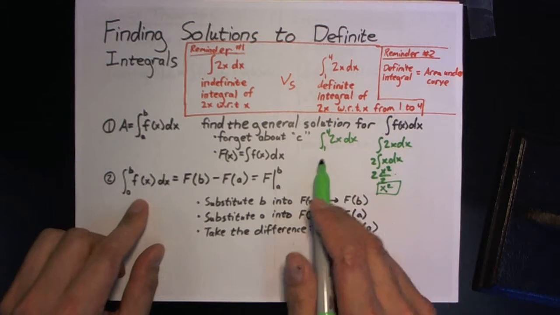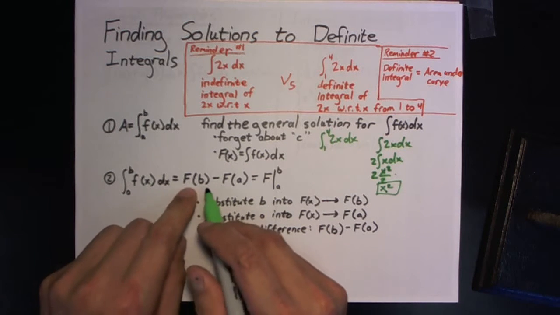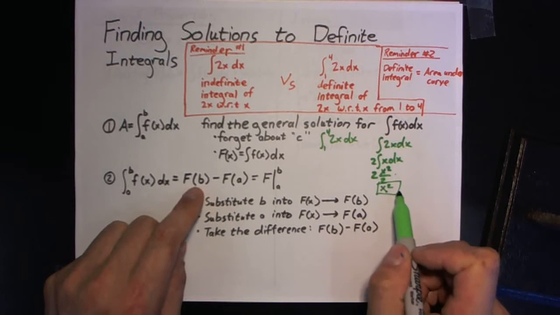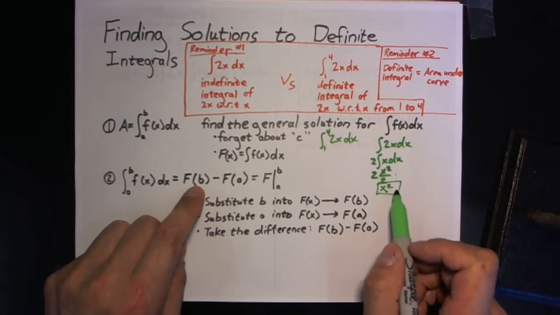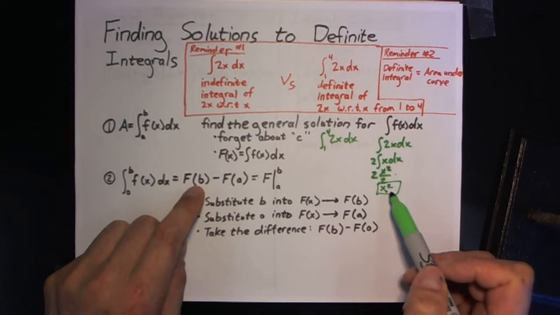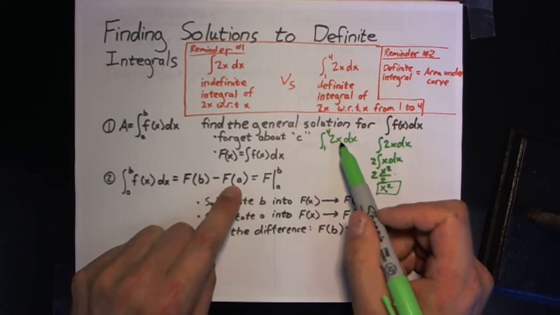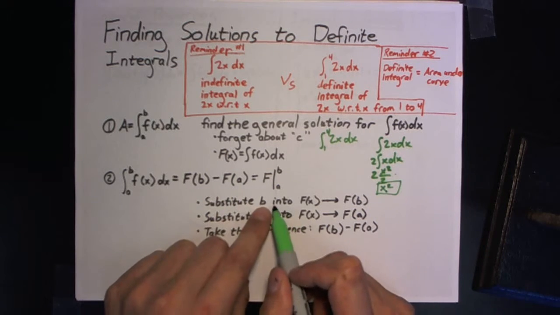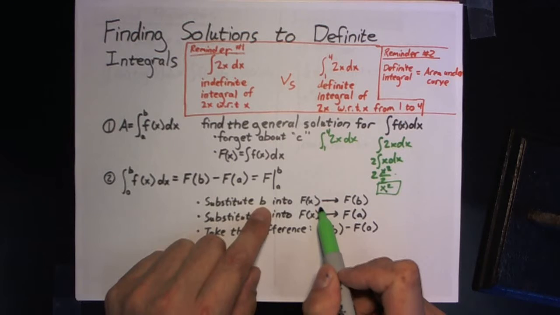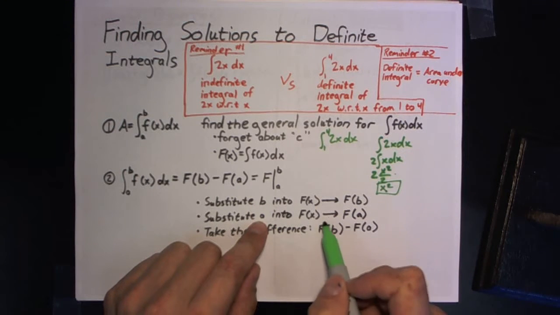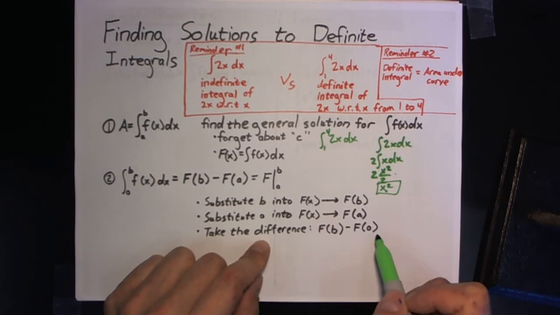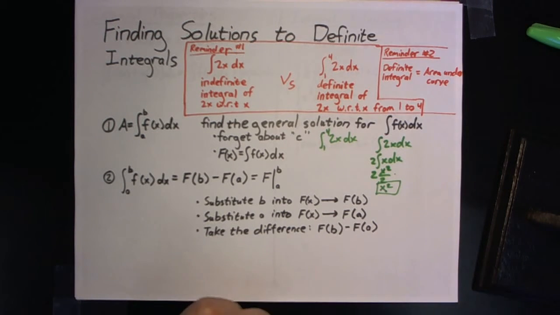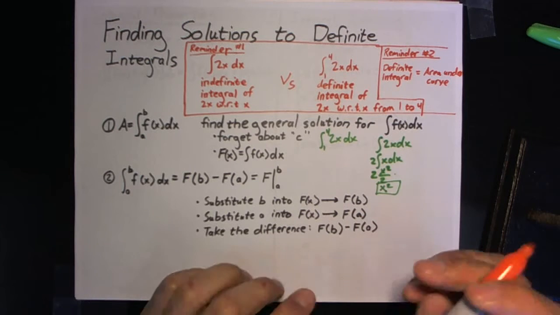That's just step 1. Step 2 is to take that answer that you got, in our case x squared, evaluate it at the upper boundary, evaluate it at the lower boundary, and then take the difference between the two. So substitute b into the indefinite integral, substitute a into the indefinite integral, and then take the difference. For step 2, I'll do that in orange here.